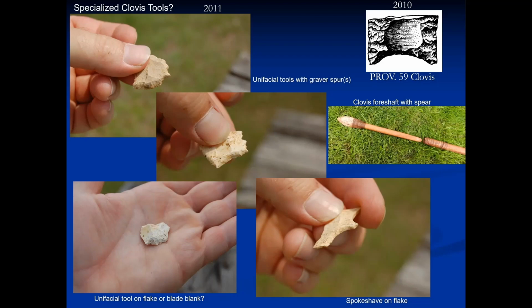They inserted them into an atlatl spear thrower. And so they could throw it into an animal, pull the spear out, take another foreshaft with a Clovis point on it and reload, right? Stick it back in there and they were ready to go again. So this was an advanced technology. Most of that is gone. But what we find is the stone evidence of the production of that technology.